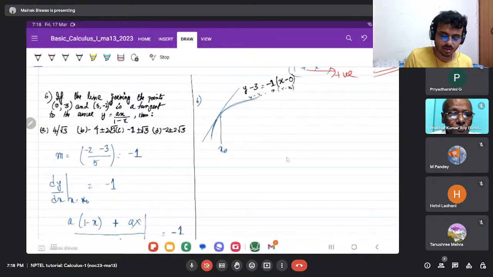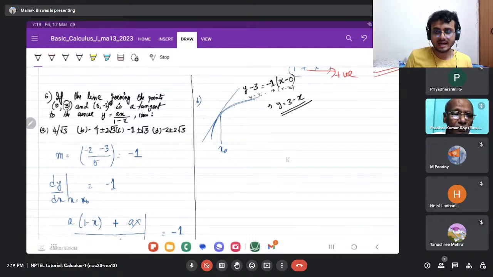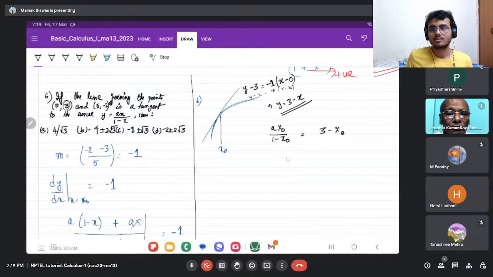M is -1, y0 I am using this point. So it's 3 minus x. Y is equal to 3 minus x. Agreed? So at x0, this will happen: a x0 by 1 minus x0 equal to 3 minus x0. Yes, sir. So this is the line and this is the curve. Both will meet. There will be a solution at that point. This will give me the second equation.